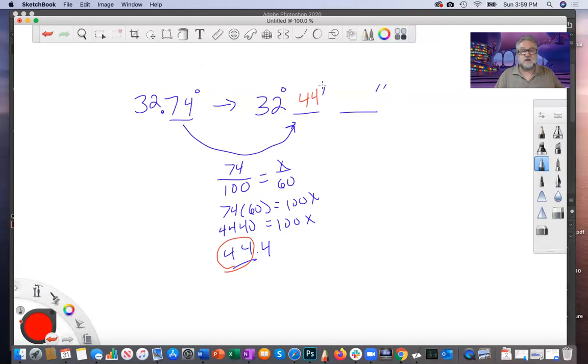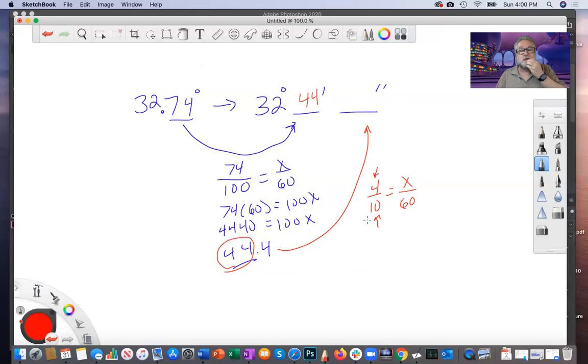And then I'm going to take the 0.4 that's left over, and I'm going to use that to go to seconds. The same thing: 4 over 10 equals x over 60. There's only one 0 because I only have one digit here. If there was another decimal place that I wanted to include, then maybe I would do 2. Do I want to include a decimal place?